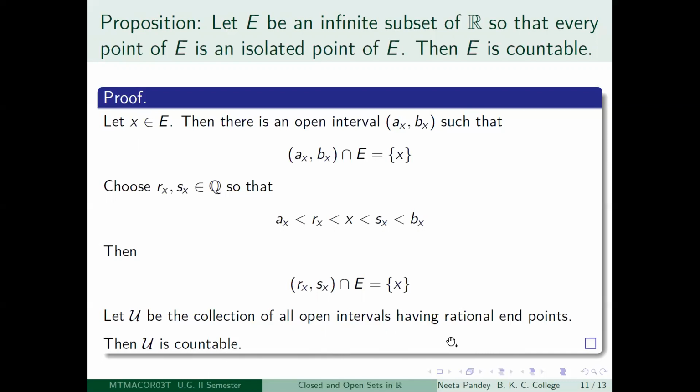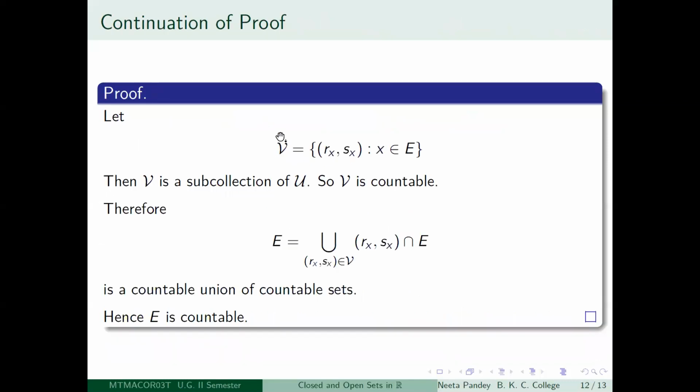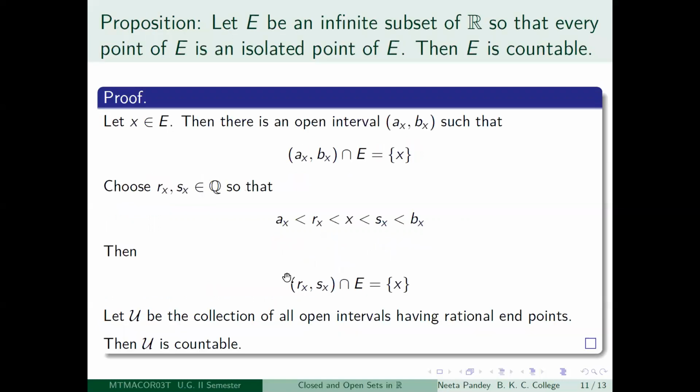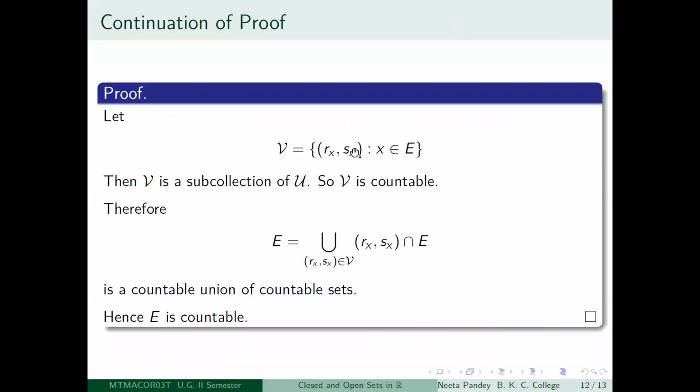Now you look at V, which consists of all these (r_x, s_x), which you had chosen depending on little x belonging to E. These are all open intervals with rational endpoints, some special types of such open intervals chosen depending on x belonging to E. So obviously V is a subcollection of U. U was the collection of all open intervals of R having rational endpoints, and V is all open intervals (r_x, s_x) where x belongs to E. So r_x, s_x are rational numbers. So that means V is a subset of U.